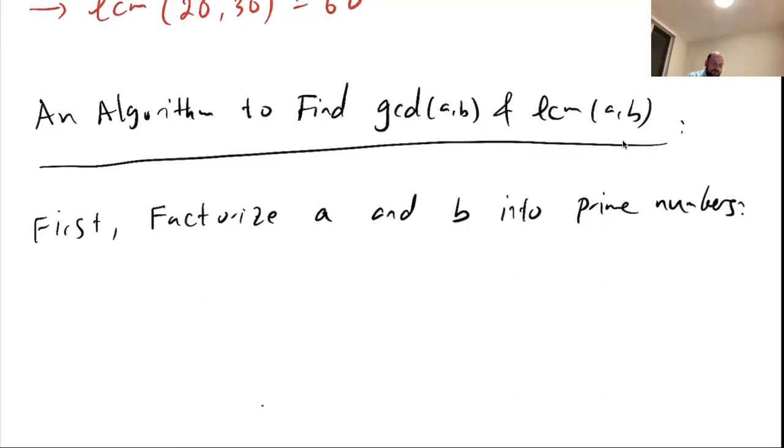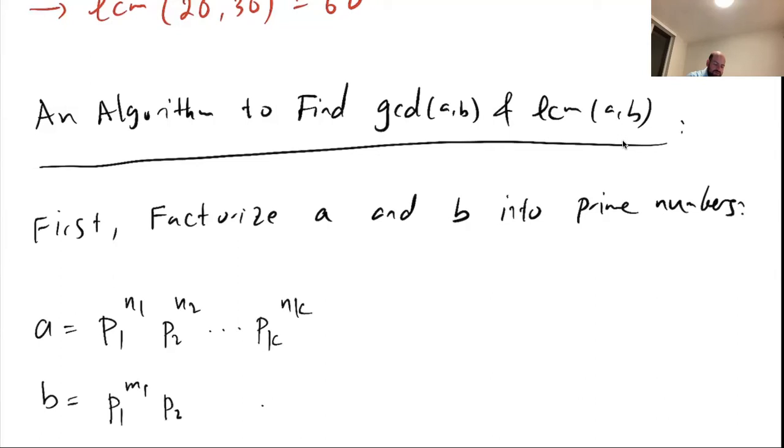So let's say A equals P1 to power N1, P2 to power N2, to Pk to power Nk, and B equals P1 to power M1, P2 to power M2, all the way to Pk to power Mk.